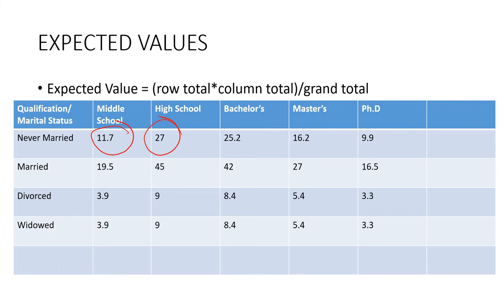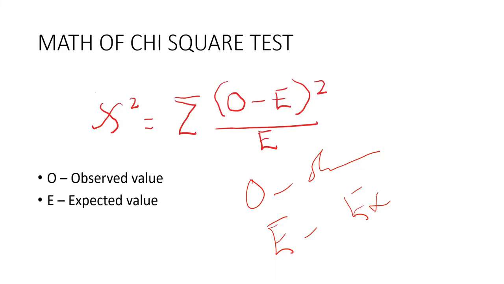When you take the summation, you will get the chi-square. So this is the math of chi-square: summation of observed value minus expected value, the whole square, divided by expected value. This is the mathematical statistical formula for chi-square.